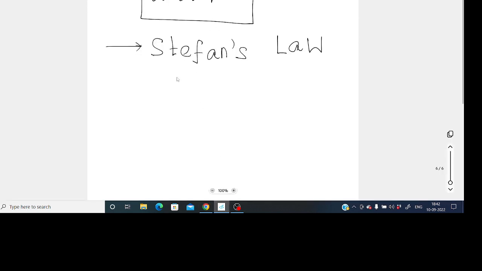Okay, we are discussing about Stefan's law. Now let's also discuss about Wien's displacement law. So I have shown this thing before.